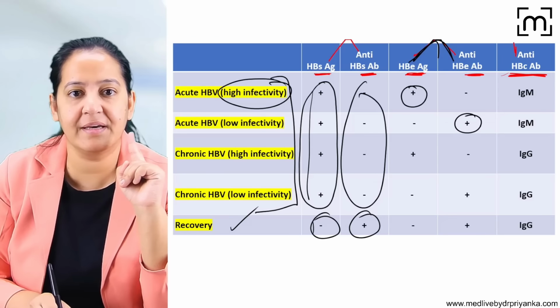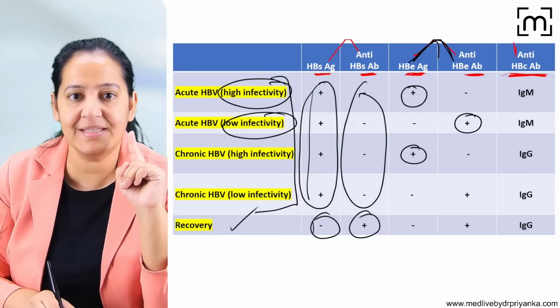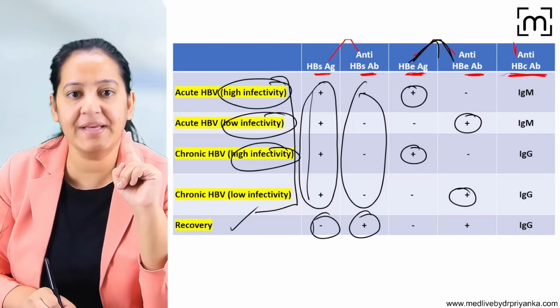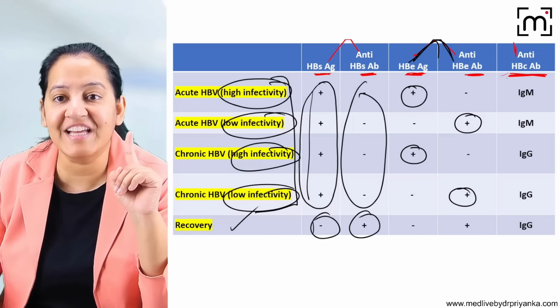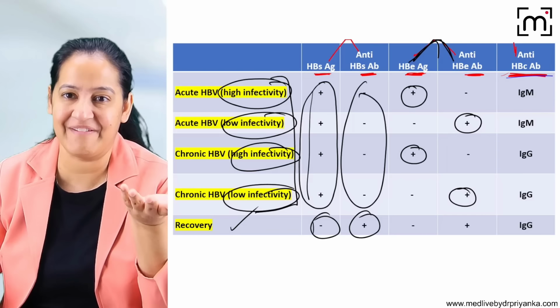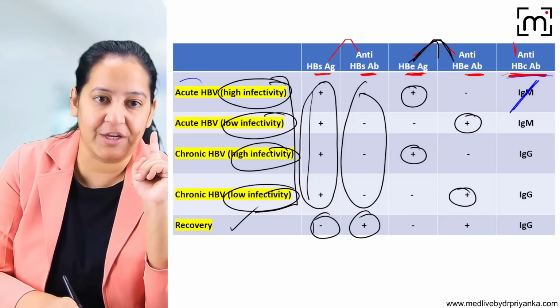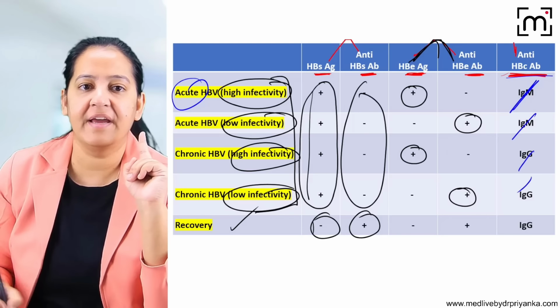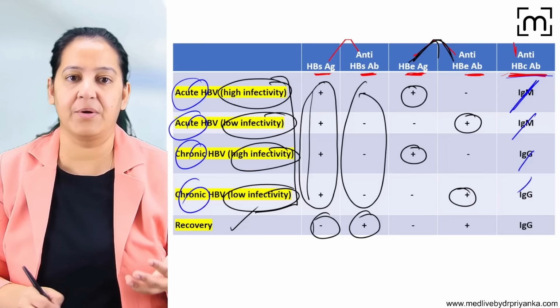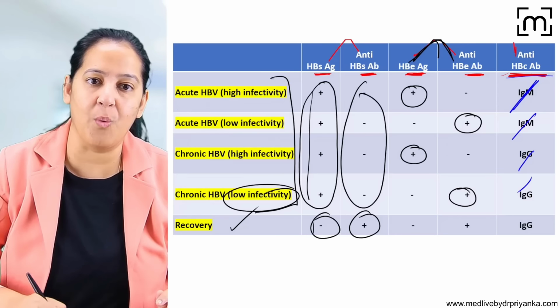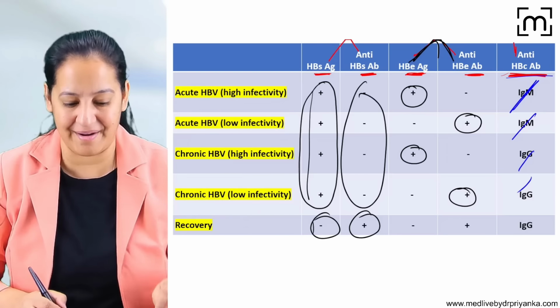If E antibody is there, low infectivity. And finally, have a look at anti-HBc. They don't have antigen. If it's IgM, it's acute infection. If IgG, it's chronic. So IgM is acute, IgG is chronic. So this is how you make the diagnosis. The diagnosis is not based on one marker.